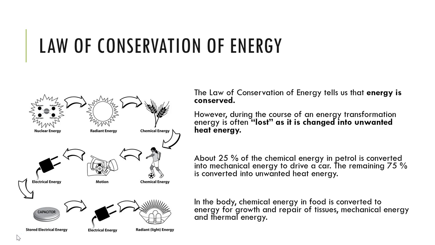In the body, chemical energy in food is converted into energy for growth and repair of tissues, mechanical energy, and thermal energy. So we have all these different types of energy and how it can be transformed from one to another. We've talked about nuclear energy and how it provides a high energy density, and radiant energy from the sun. The sun is actually powered by nuclear energy.